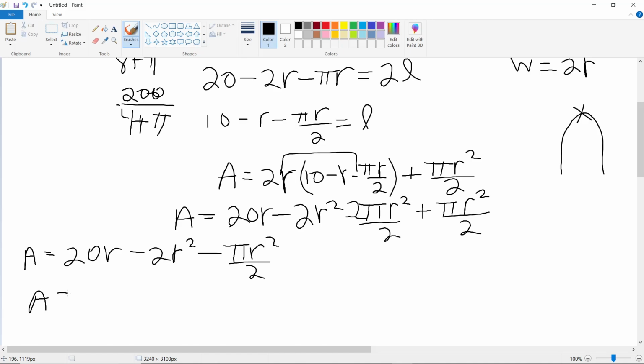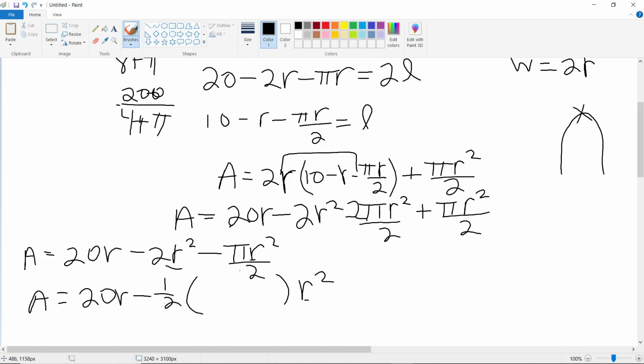Area equals 20r. I'm going to take a 1/2 out, minus 1/2, times, and I'm going to take the r squared out too. I'm going to put the r squared over here, so I divided out the r squared. I put it here to keep it separate. It's going to be easier at the end when I have to simplify. And then I'm dividing 1/2 out of both of these terms, putting that in front, negative 1/2.